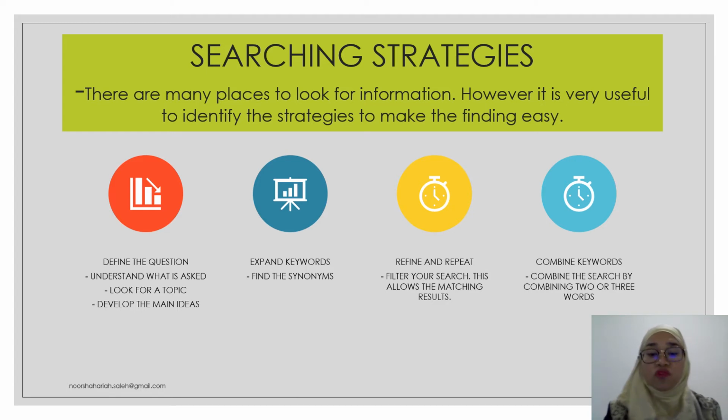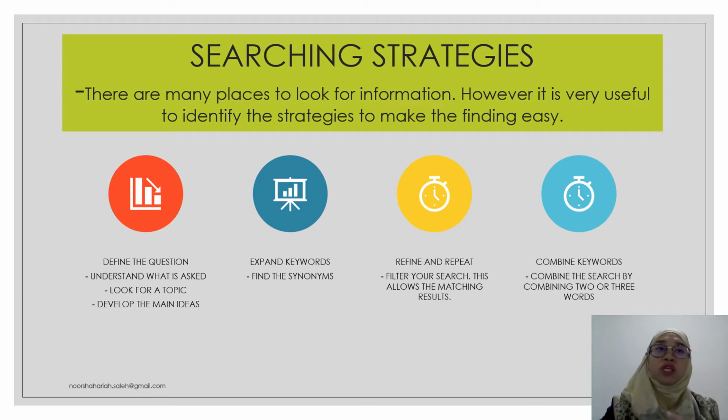So this is when you filter your search. This allows the matching results. So sometimes you need to narrow down the topic, because a very broad search will not lead you to what you are searching for. For example, if you look into English proficiency, there are so many subtopics going to be given to you.